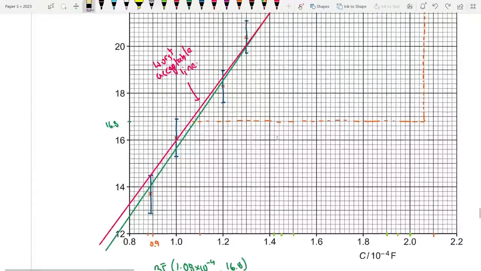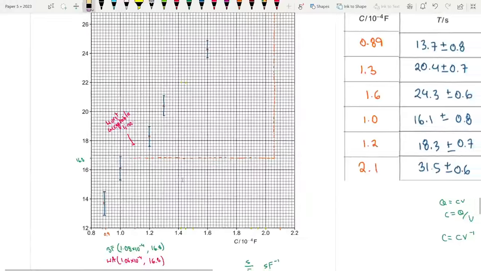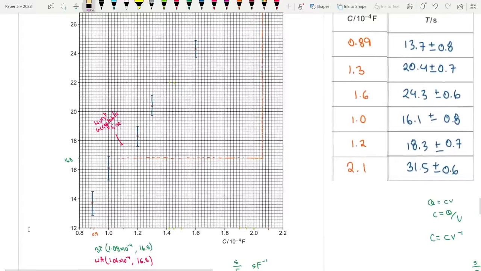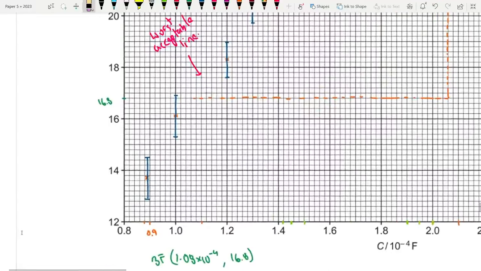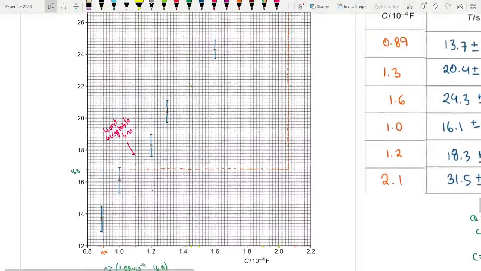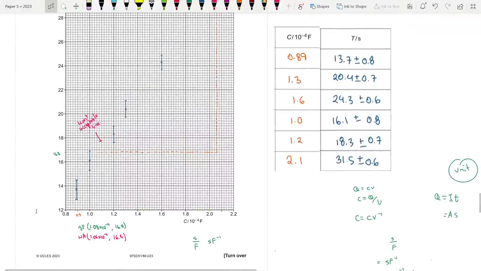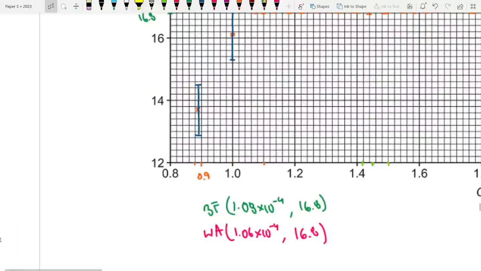Here you go, guys. If you want to see the points, this is how it's done. Okay, 0.89, 13.7, then 1.3, 20.4. Oh, it's arranged haphazardly, my bad. So the next one is actually 1, 16.1.